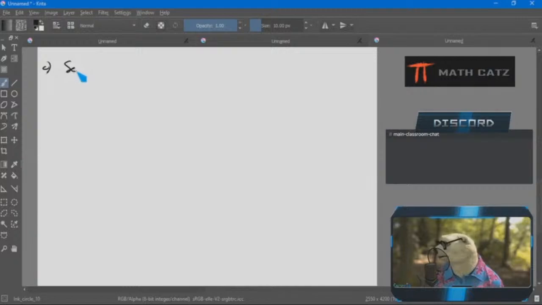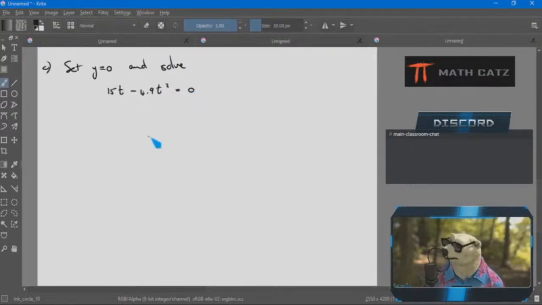So this is now C. Set y equal to 0 and solve. What is my function? 15t minus 4.9t squared equals 0. Now, this isn't the full quadratic equation, so I don't have to use the quadratic formula, though I could if you wanted to.